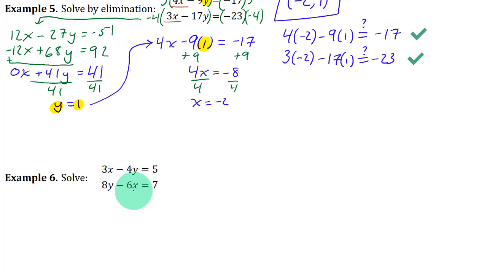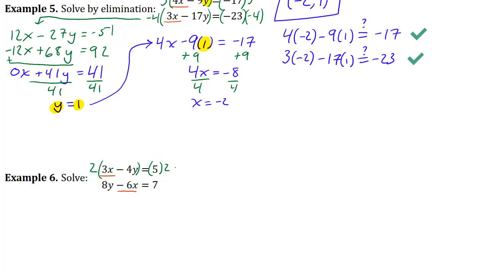Maybe, I notice these are written in kind of backwards order. I notice there's a 3x and a negative 6y. So if I wanted to use elimination there, I could turn the 3x into a positive 6x by multiplying both sides of this one by 2.